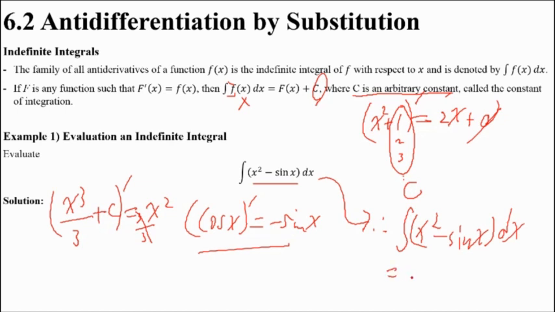The x squared part is x cubed over 3, and minus sine gives plus cosine x, plus C. With C an arbitrary constant, this is the indefinite integral, right?